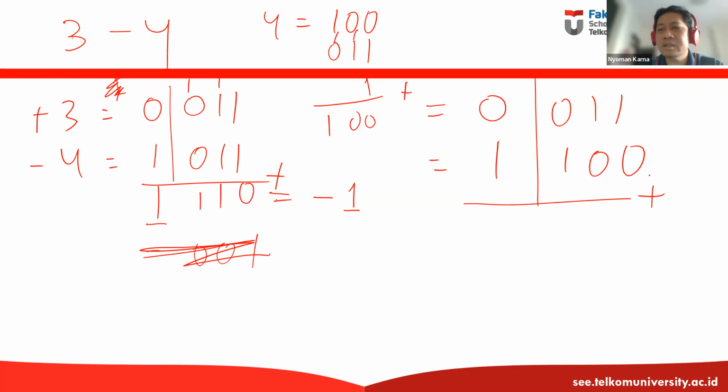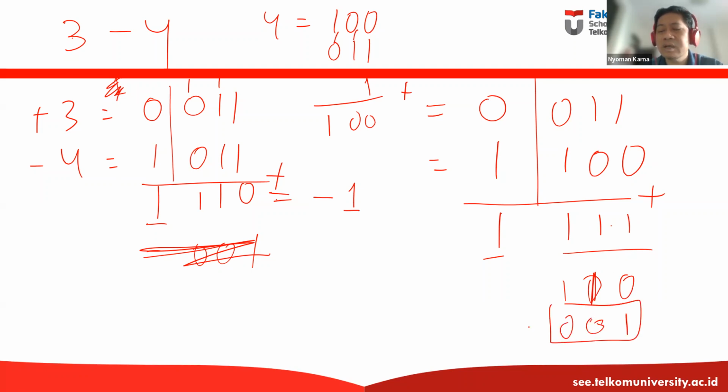We're going to add these two numbers, and the result is 1, 1, 1, 1. So it's a negative value. And what is the value of this one, 1, 1, 1? We need to subtract 1 from this one, so it becomes 1, 1, 0. And then complement this to become 0, 0, 1.